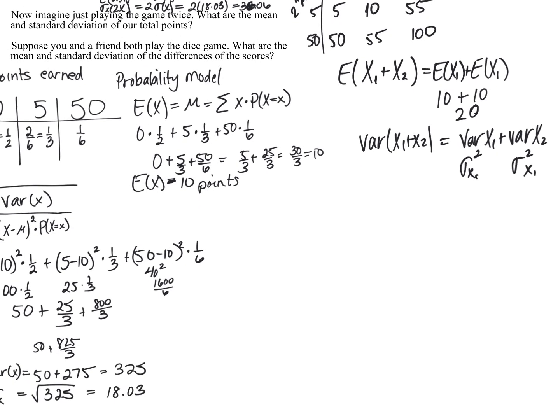Well, I actually have the 325, but that's 18.03 squared plus 18.03 squared. Those are both squared. That gives me the new variance, and then I have to take the square root of that to get the standard deviation. So the variances add, not the standard deviation. So we have to kind of use this Pythagorean theorem of statistics.